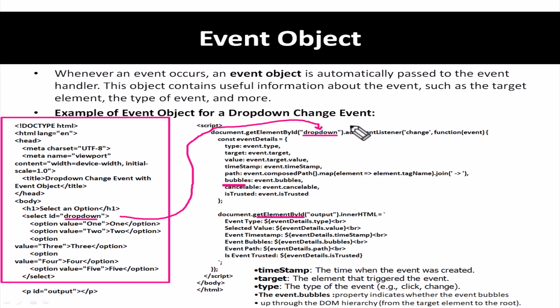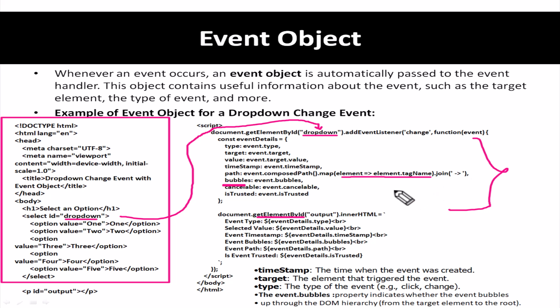Now, addEventListener, change, function event. It is similar to the previous program, only these particular functionalities are used. Type: event.type. Target value equal to event.target.value. Timestamp: event.timeStamp. Next, path: event.composedPath, where you are using an implied or arrow function, element.tagName, so we get the tag name.